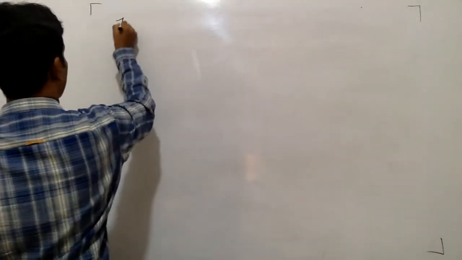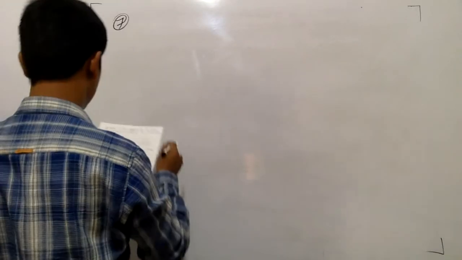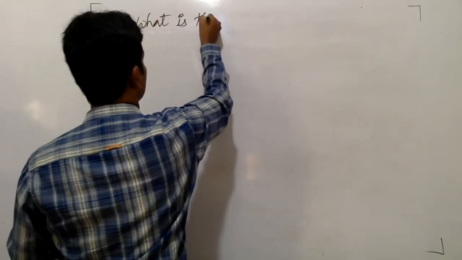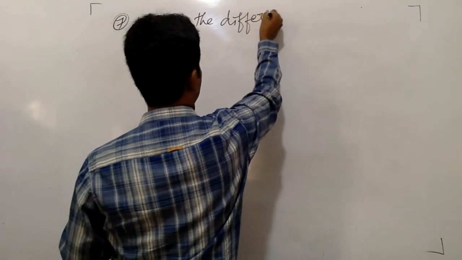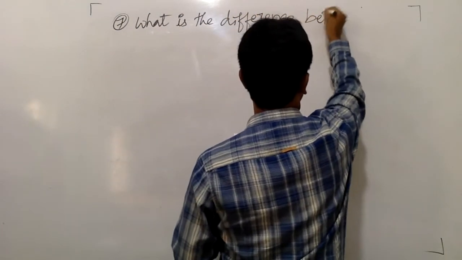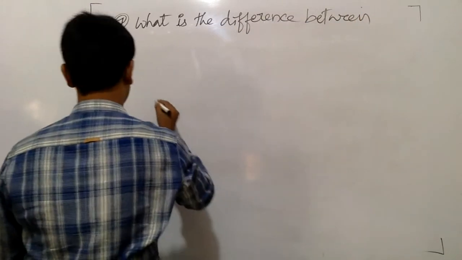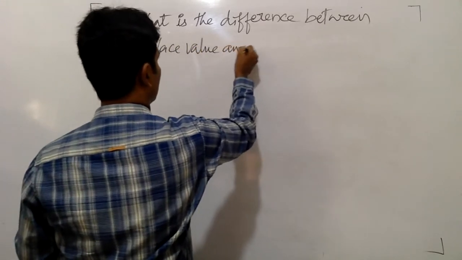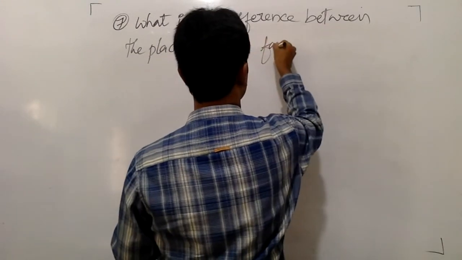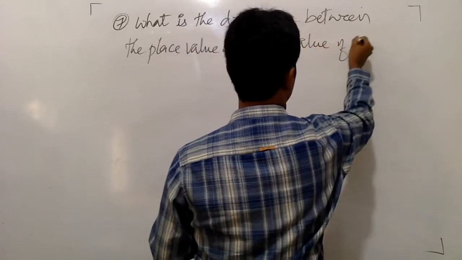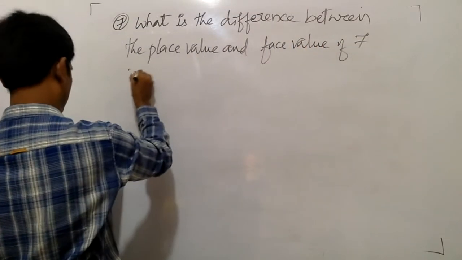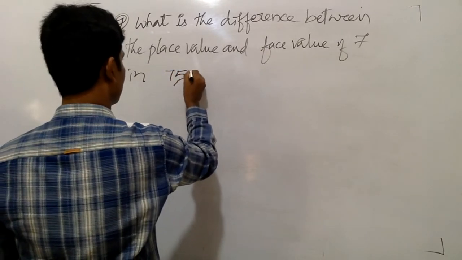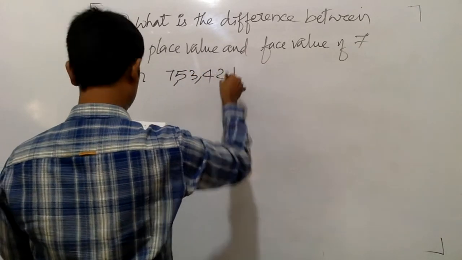Seventh one. What is the difference between the place value and face value of 7 in 7,53,421?